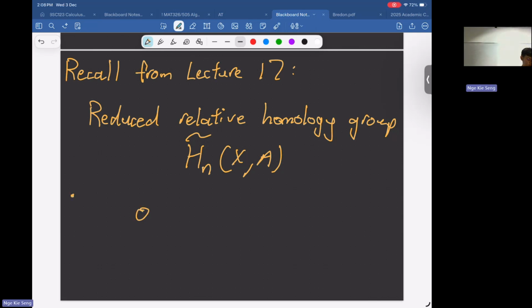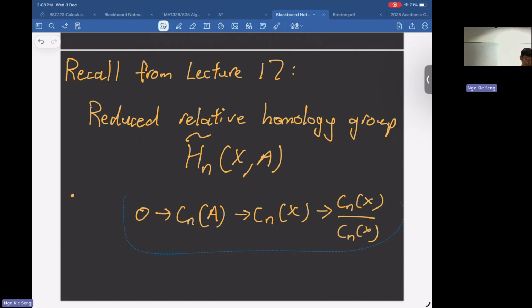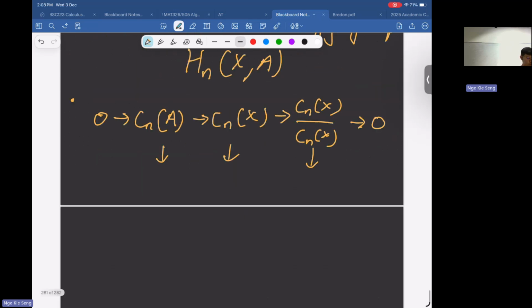So the setup is you have the short exact sequence of a relative chain like this. Okay. And then where is the reduced part? So we need to first reduce the A and X chain.